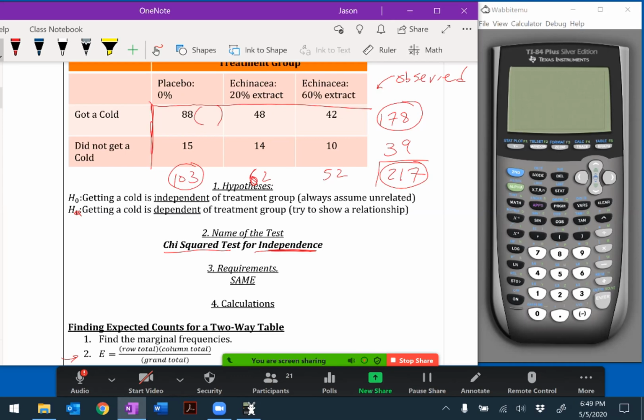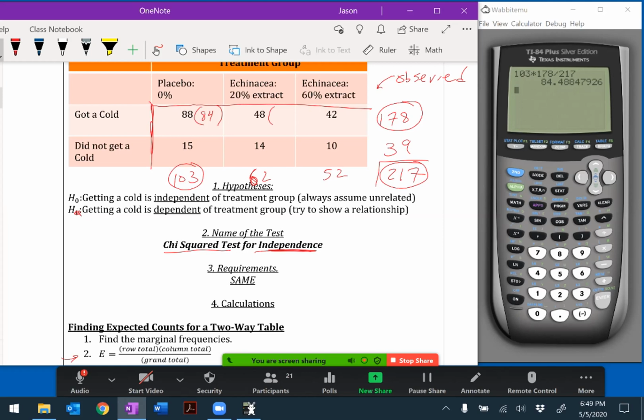So I'm going to take 103 times 178 and divide that by the total 217. Okay, and I get about 84. And I'm going to put them as whole numbers. I'm going to round. These are just going to be whole numbers. 84.